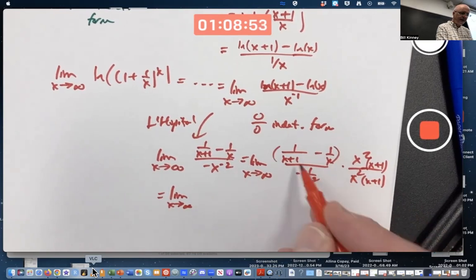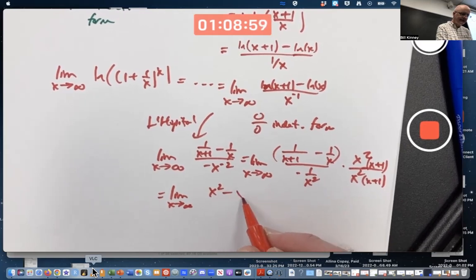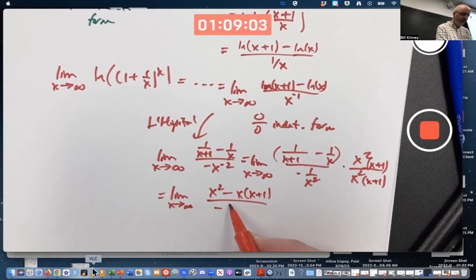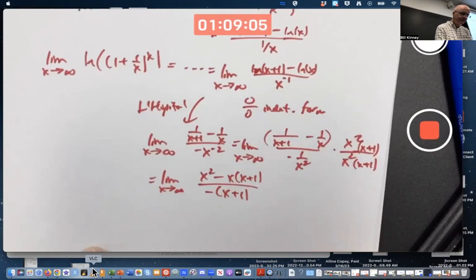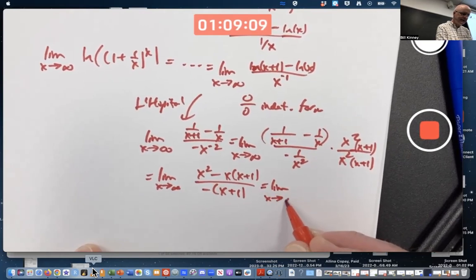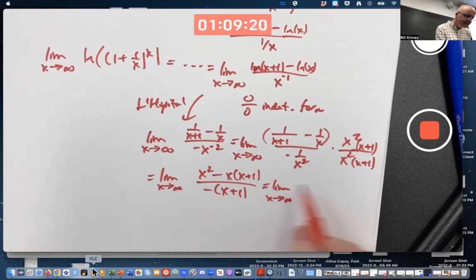Multiply it through on the top, you get cancellation in various spots. You get an x squared minus x times x plus 1. And in the bottom, the x squareds cancel, leaving you with minus x plus 1. Oh boy, this is not working so nice. Oh, wait a minute, maybe it is.